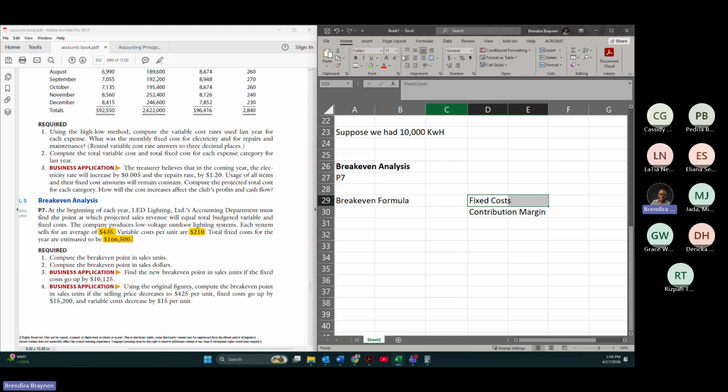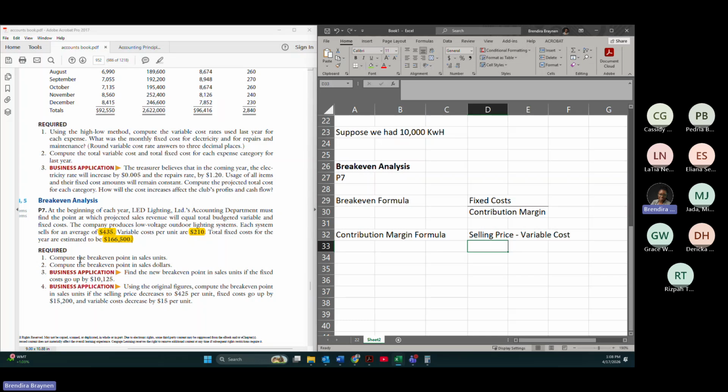That's the break even formula. And you should remember as well, in order to find contribution margin, the contribution margin formula is your selling price minus your variable costs.